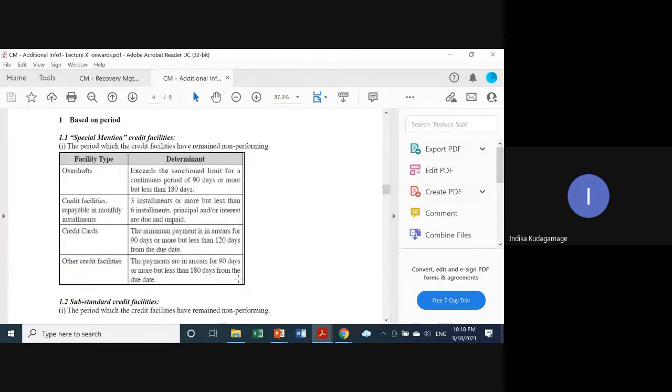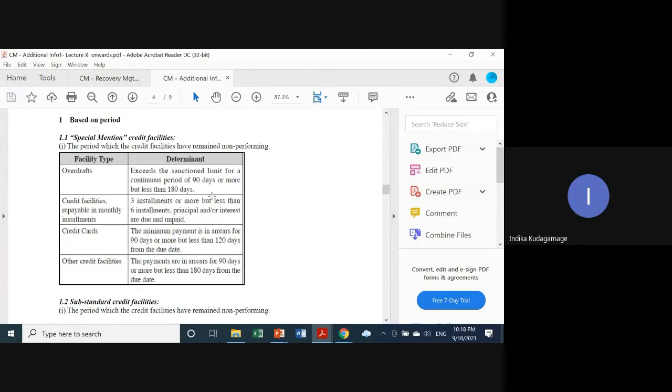This is the table to identify the specially mentioned category. Any order, from the due date, when it is 90 days, it is NPL. 90 to 180 days in arrears, it is the specially mentioned category. Credit facilities repayable in monthly installments, 3 months arrears, that's again 90 days, it is the NPL specially mentioned category.